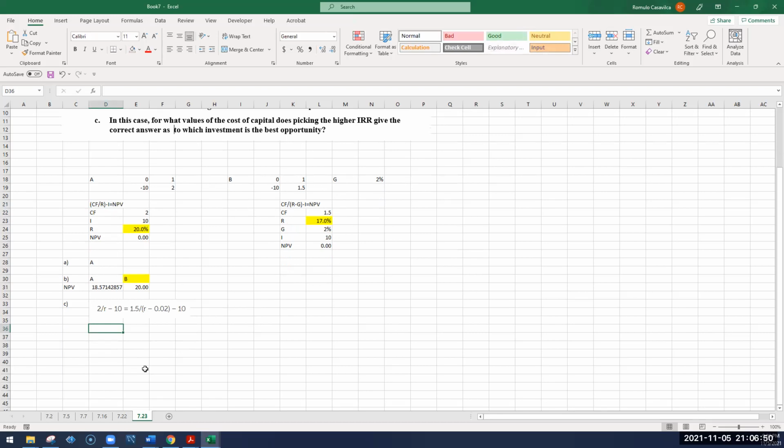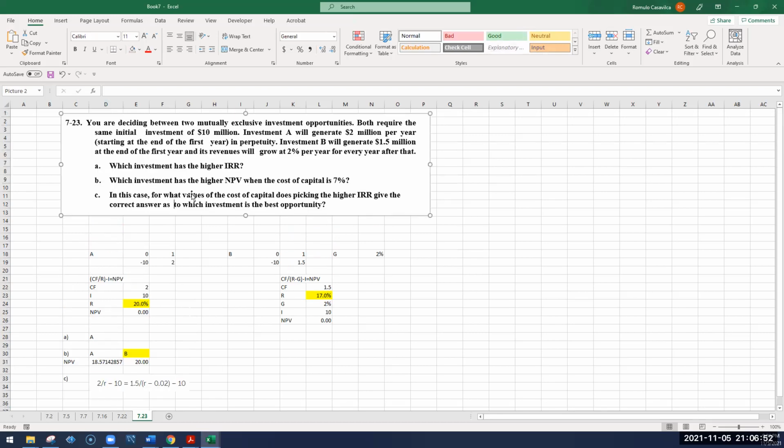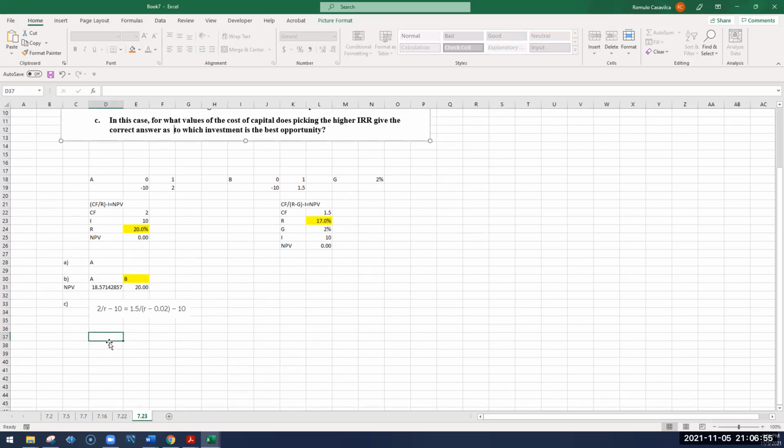If you read it the first time, it's going to be long algebra, but I got it. Cash flow for A is 2, cash flow for B is 1.5, G is 2%, the investment is 10, and R is the variable that I need to solve.